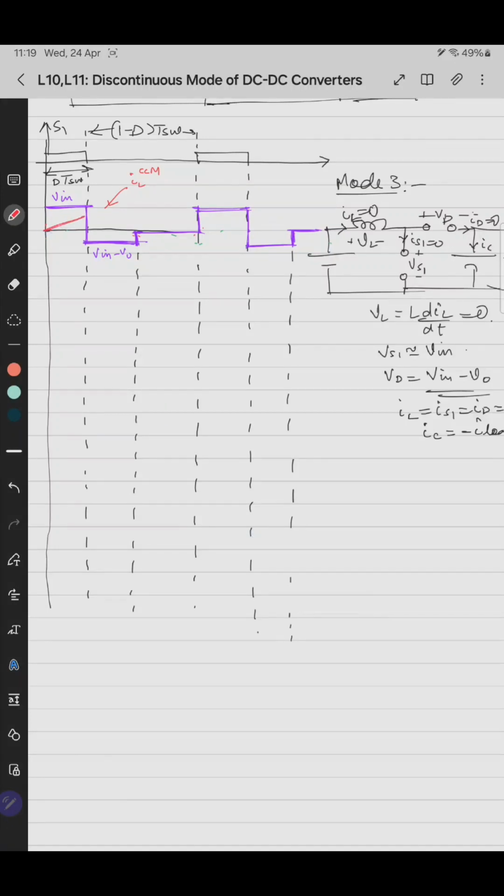It rises in this region, it falls, and then this is the clipped off part. This is the inductor current.